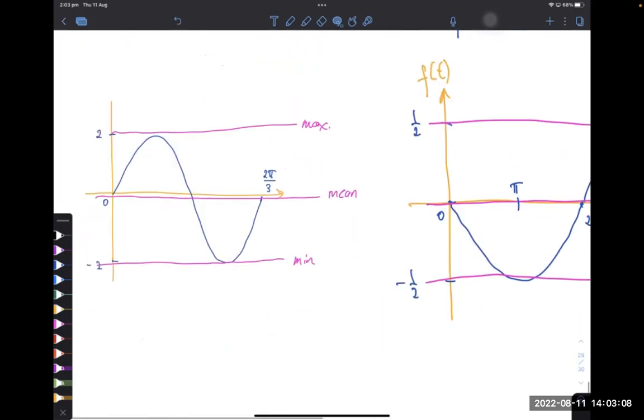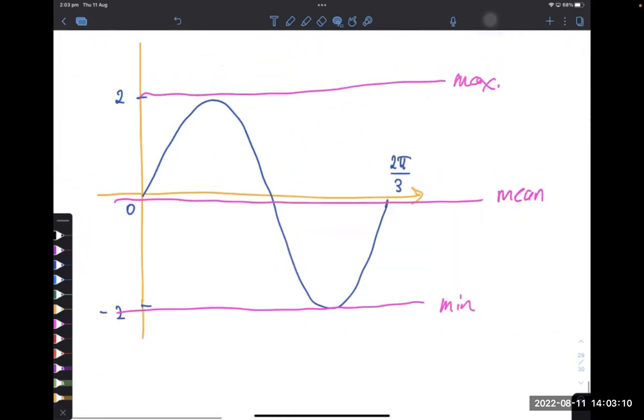So if I was to go back to the first one here, what would halfway be? If I multiply this by 1/2, 2 pi over 6, which is pi over 3.